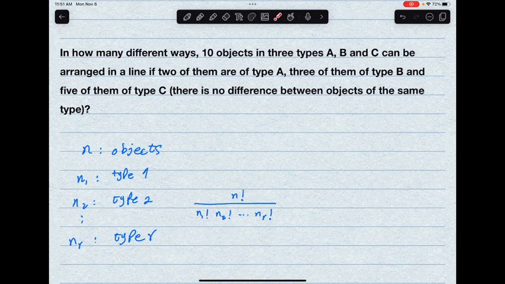Let's say we have A, A, and B, three objects, and we are going to find all the arrangements.